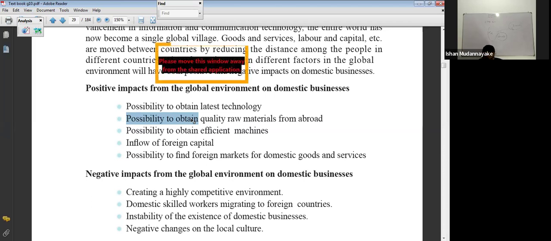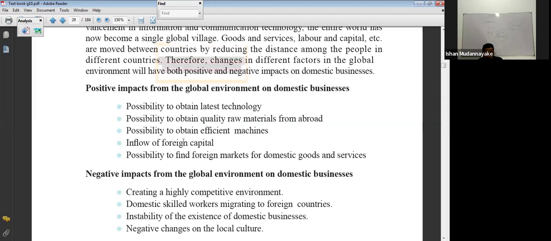Yes, the possibility to obtain quality raw materials from other countries. Third one. Possibility to obtain efficient machines. Yes, we can import efficient machines from other countries.